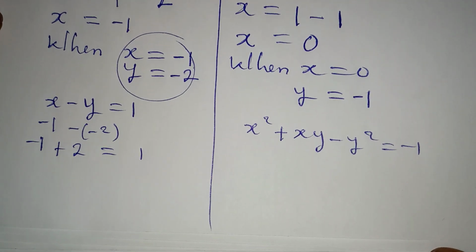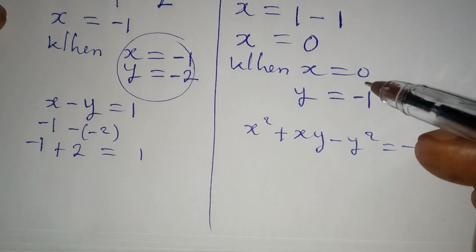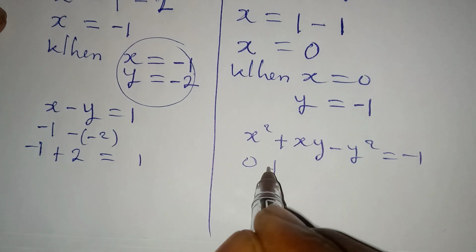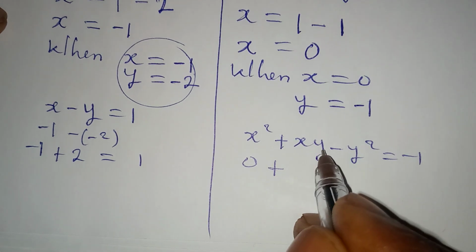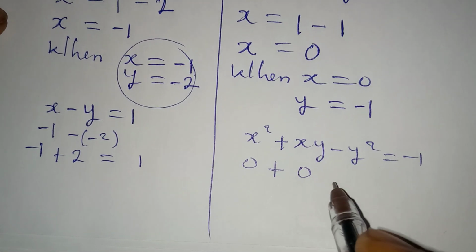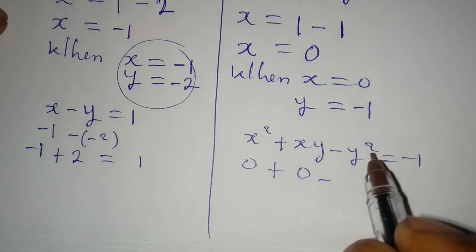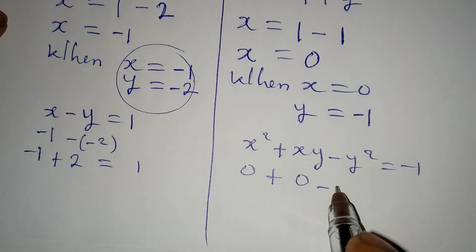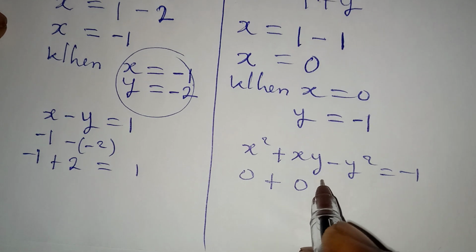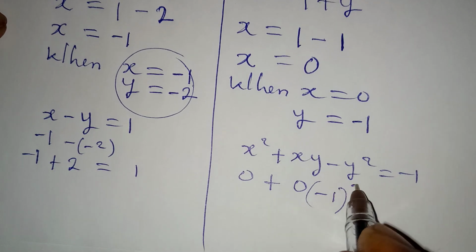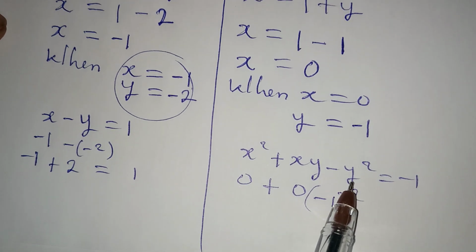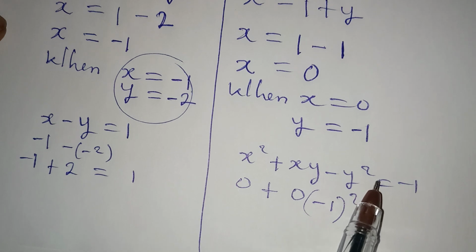So let me work with this value of x and y. So x squared, that will be 0, plus 0 times y, that would still give us 0, then minus y squared, which is minus in bracket -1 squared, because our y is -1.